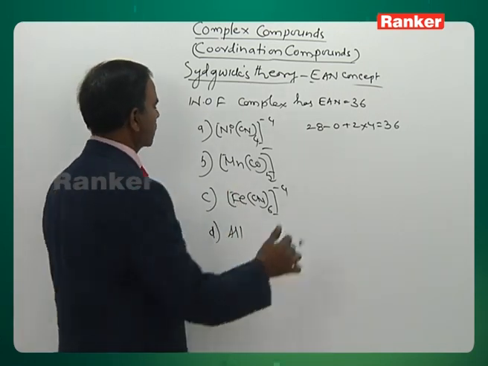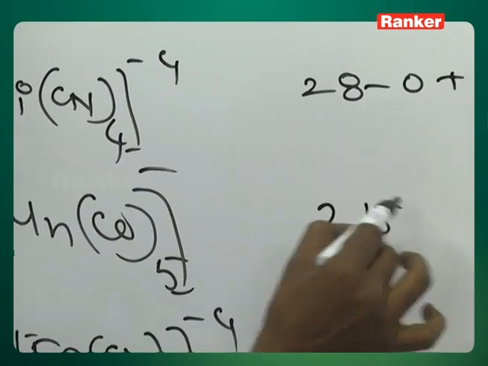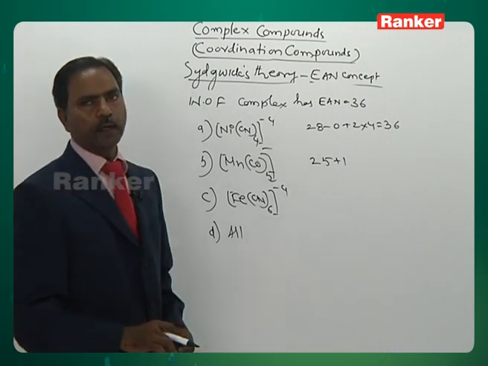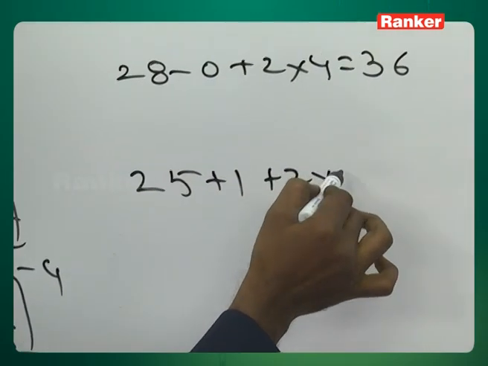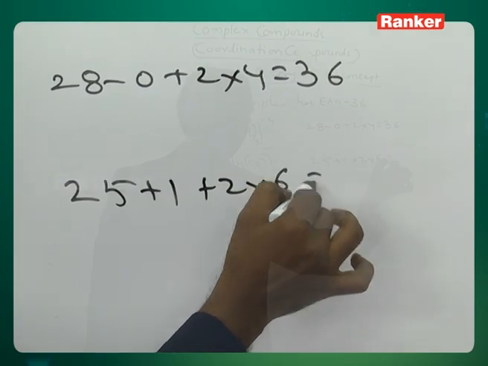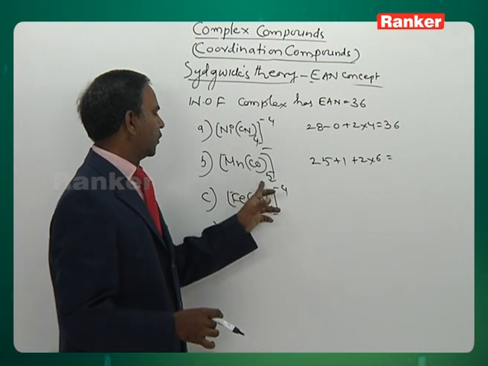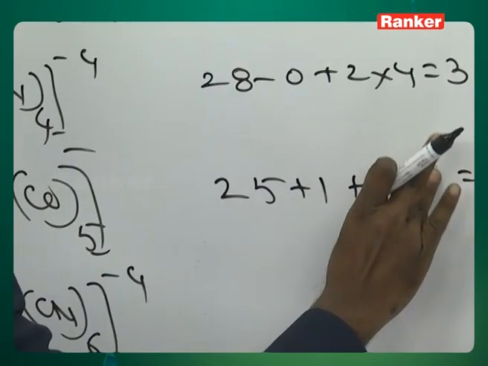Second one we take manganese. Yes, it is 25. Oxidation number is minus 1. Minus 1 means you have to add the electron, then 26 plus 2 into 5, not 6, as MnCO is taken 5 times.